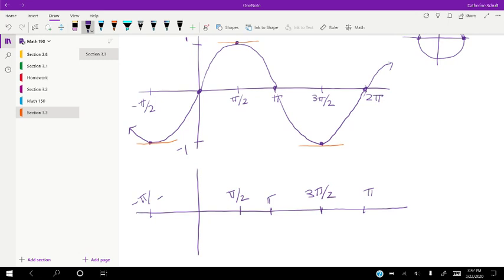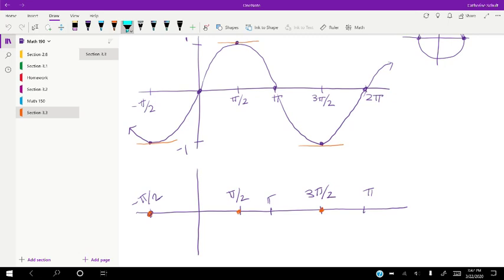So we're going to have a 0 there on our derivative. We'll have a 0 here. And we'll have a 0 at 3 pi over 2. Okay, excellent. So let's see what else we know.